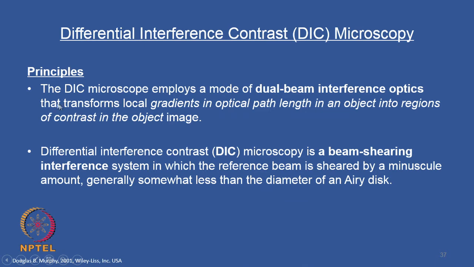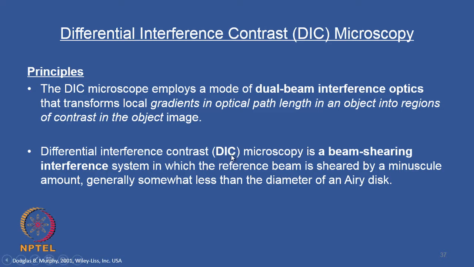Now let us get into the details of this DIC microscopic system. The DIC microscope employs a mode of dual beam interference optics that transforms local gradients in the optical path length in an object into regions of contrast in the object image.